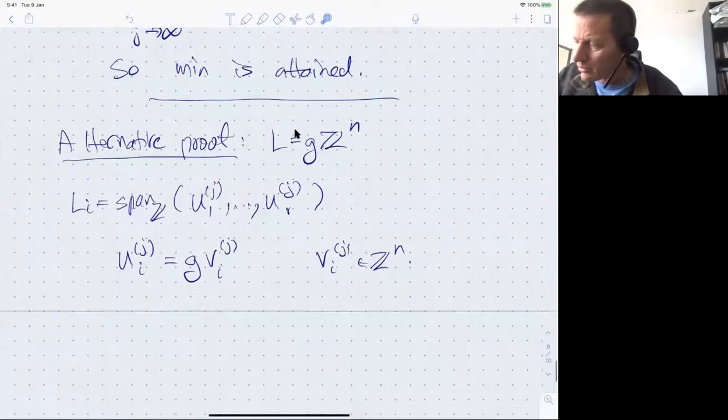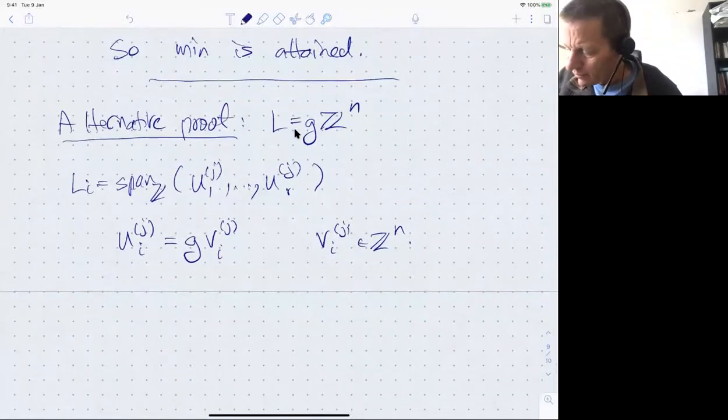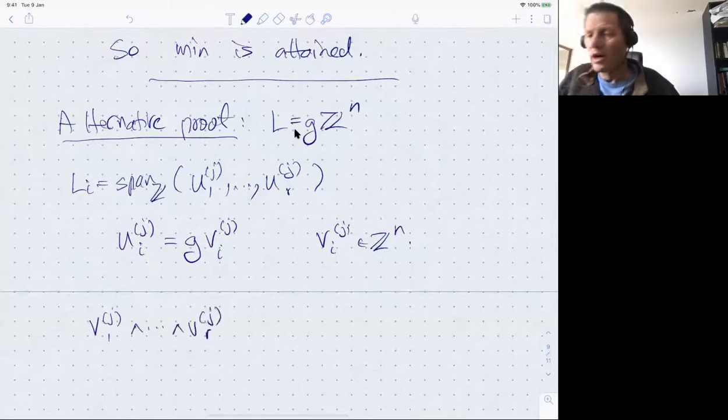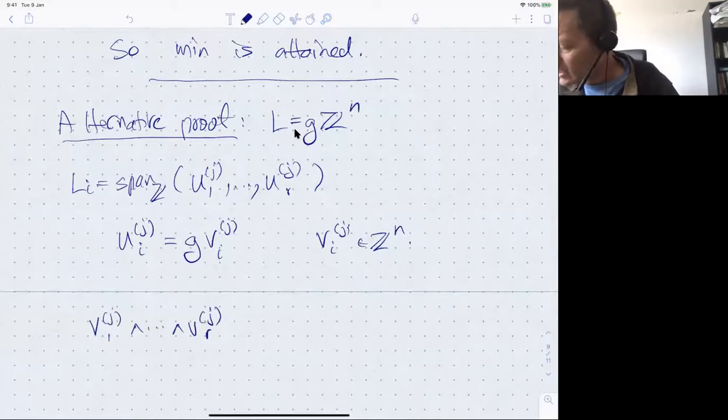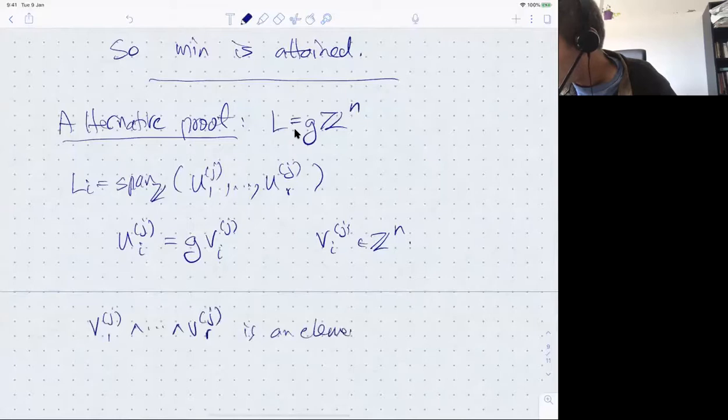So we have vj1 wedge, etc., wedge vjr, and this is an element of the space we called lambda r, the rth exterior power of Rn, or we also had this other notation.